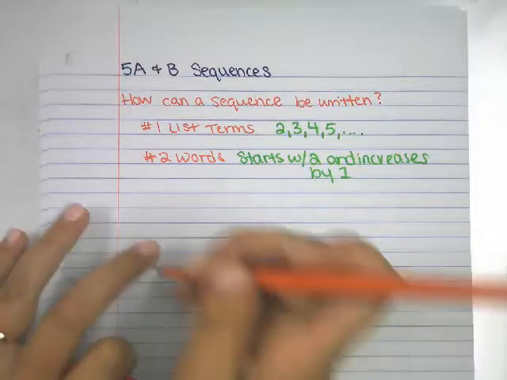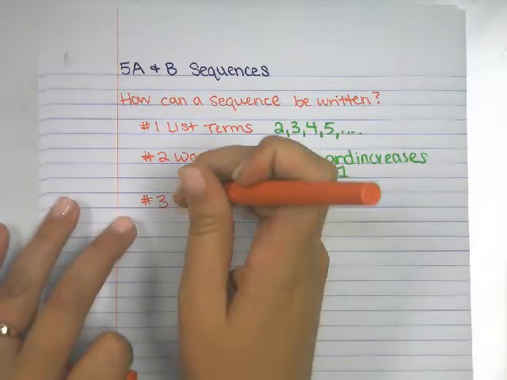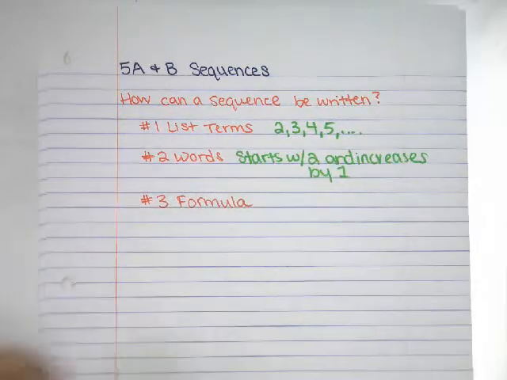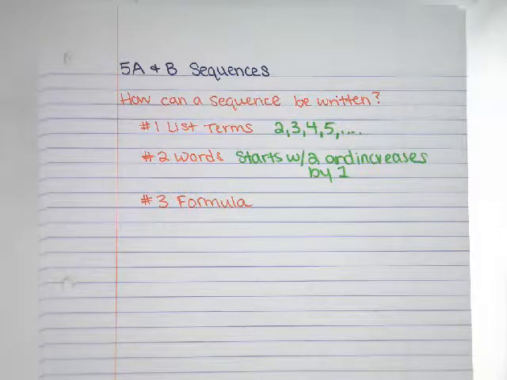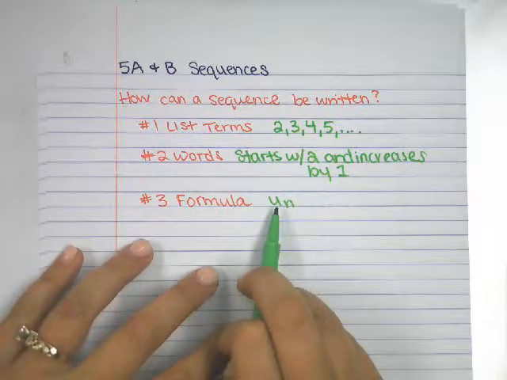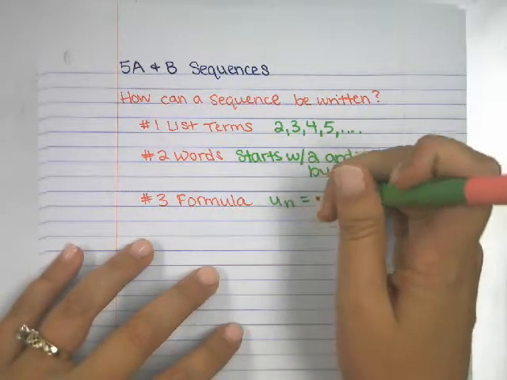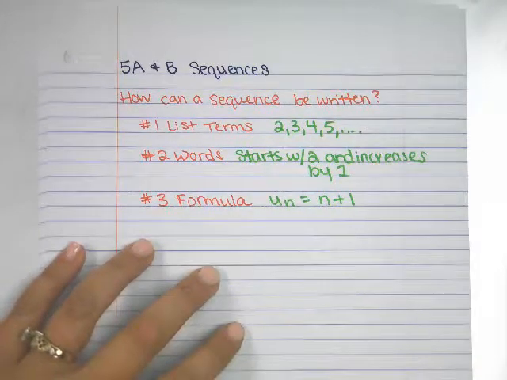In addition, we have a formula. You'll see a lot of formulas in this unit for representing sequences. I'm going to write the formula for this sequence. In the next section, we're going to look at how to come up with it. But right now, I'm just going to write it. So U sub n, so this is not a capital U, but a big U with a little n, equals n plus 1.